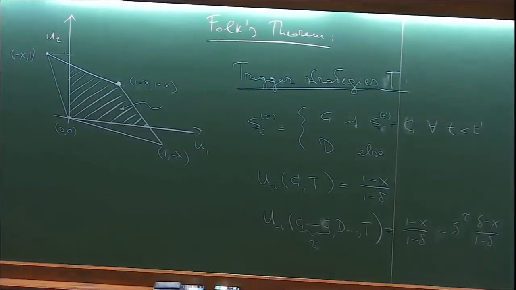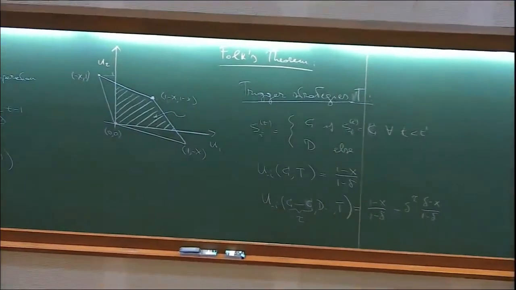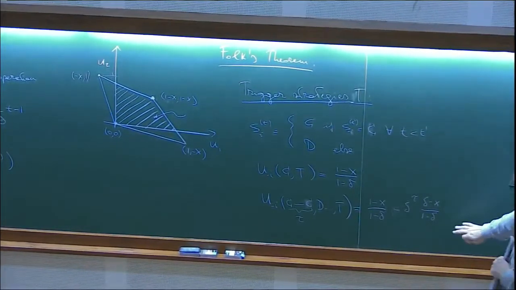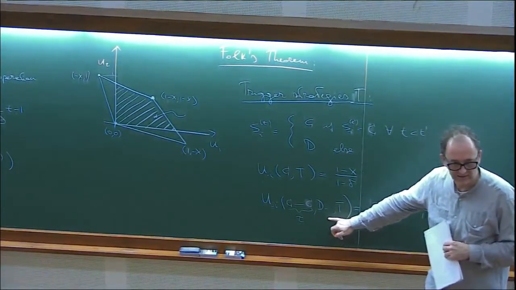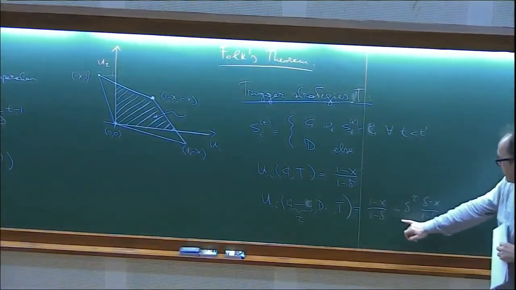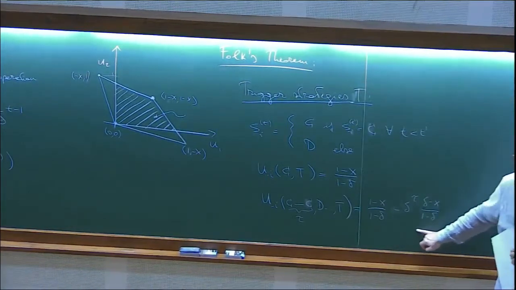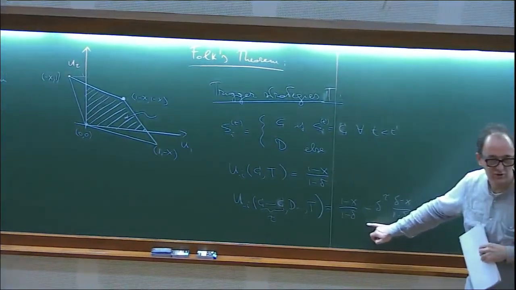Okay? This tells you that if the probability that we continue cooperating is large enough, then as soon as I defect, I will suffer a loss. So it is credible.